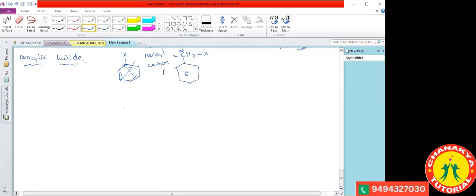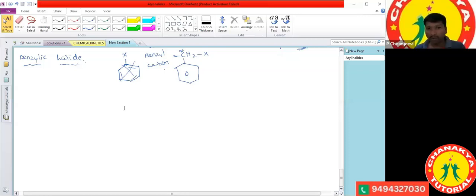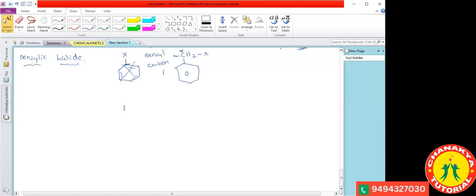Can you ask the question again? There's some internet problem at my place. Okay, I'm asking the question once again. What is the hybridization of the carbon in a benzyl halide, where the halogen gets attached? It's sp3.